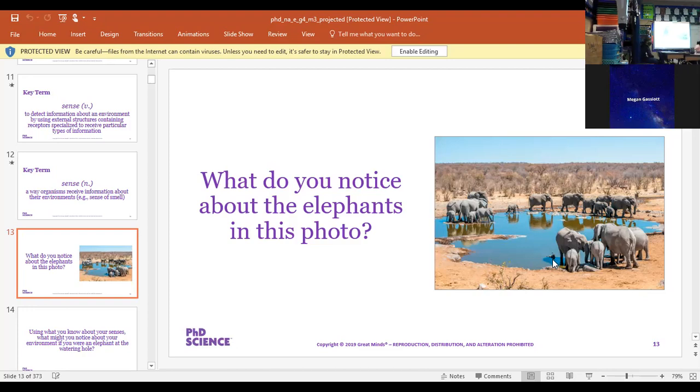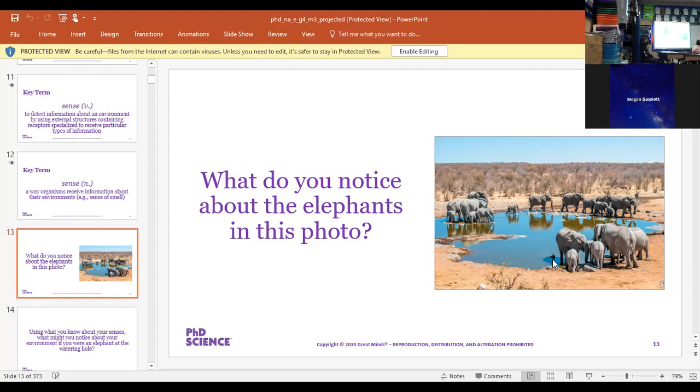Okay. Similar to the elephants in the photograph, humans and other animals use their senses to get information about the environment to monitor what all is going on around them. Everywhere you go, you use your senses to gather information about everything around you. And you're picking up information all the time.